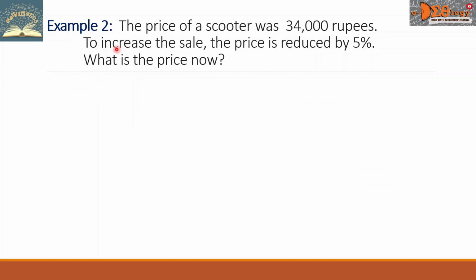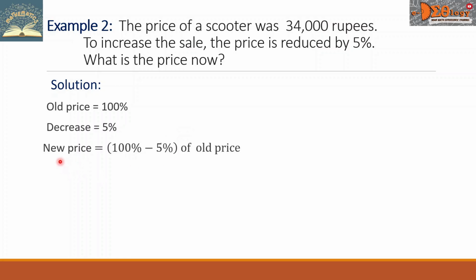Example 2. The price of a scooter was 34,000 rupees. To increase the sale, the price is reduced by 5%. What is the price now? Here, we can use the second method, where the old price is considered to be 100%, and the decrease is 5%.